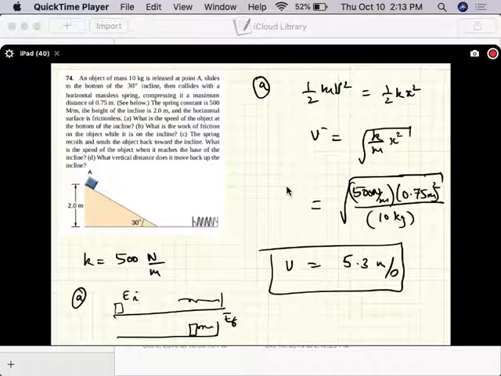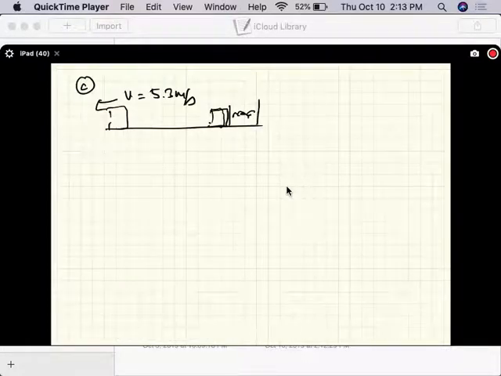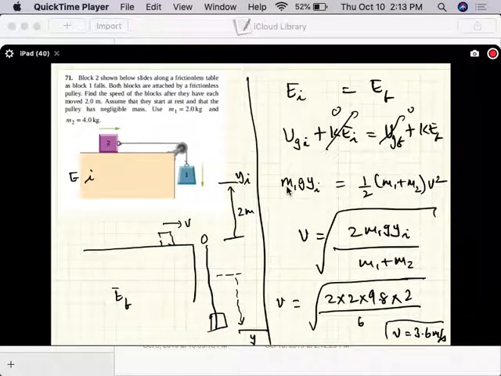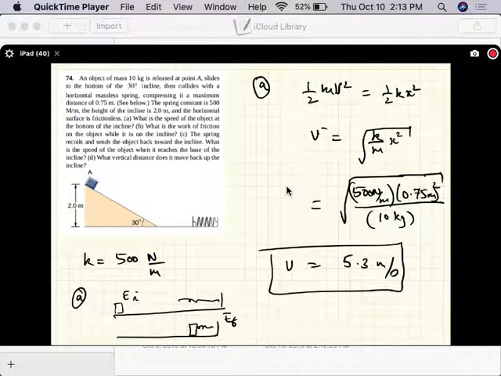What vertical distance does it move back up the incline? Now this is a bit of a problem. We have to find mu first. So we calculated, where is the work done by friction force?